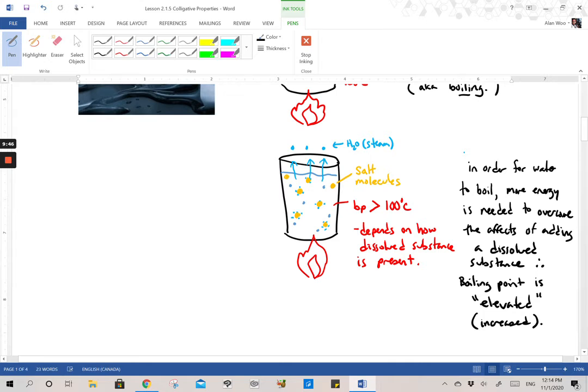So when people put salt in water for cooking, okay, it's not necessarily just for flavor. Sometimes they're just trying to make the water hotter than normal.